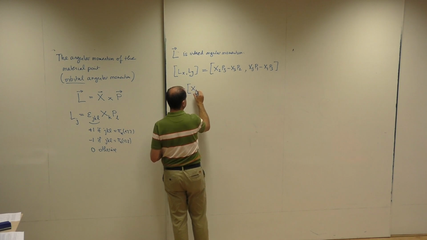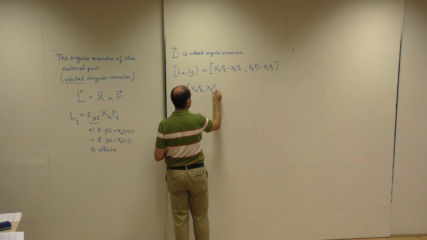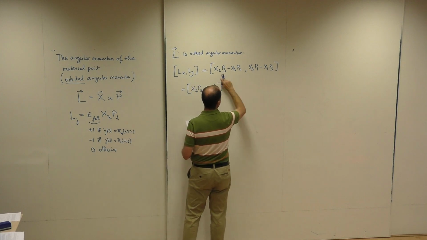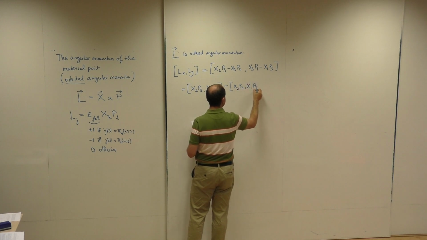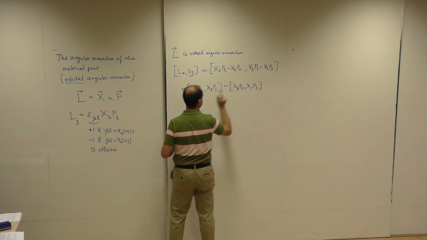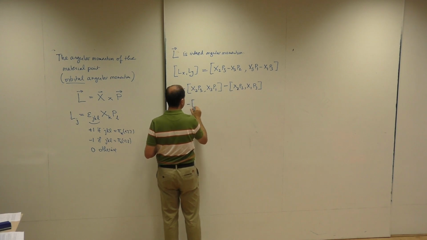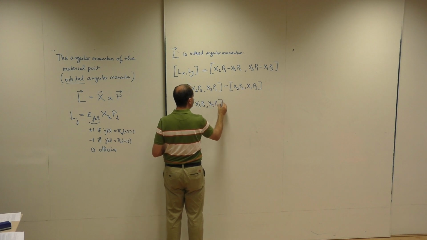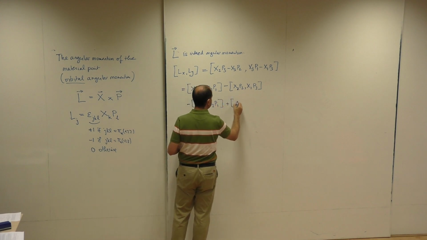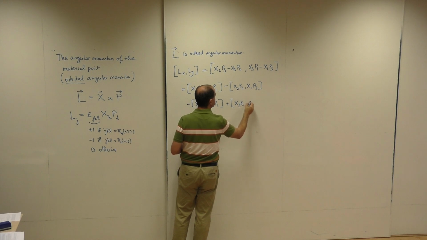I will do it calmly because sometimes students are a bit confused here. x2p3 times x3p1, minus x2p3 times x1p3, then minus x3p2 times x3p1, plus x3p2 times x1p3.